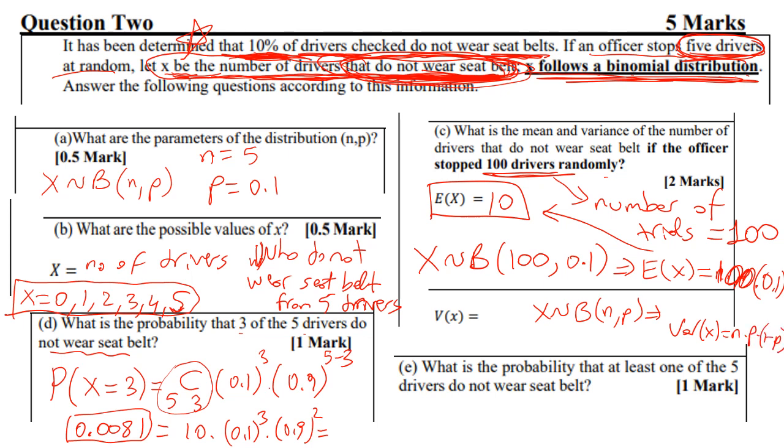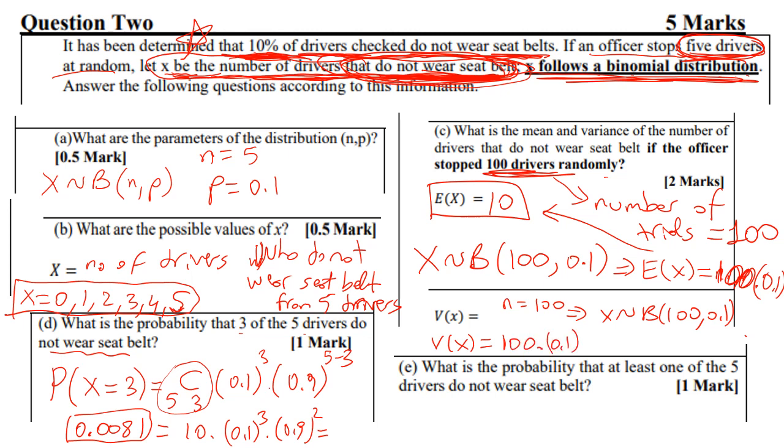In this question, n is equal to 100, since it says 100 drivers stopped. So X has a binomial distribution with 100 and 0.1, and the variance of X is 100 times 0.1 times 0.9, which makes just 9.